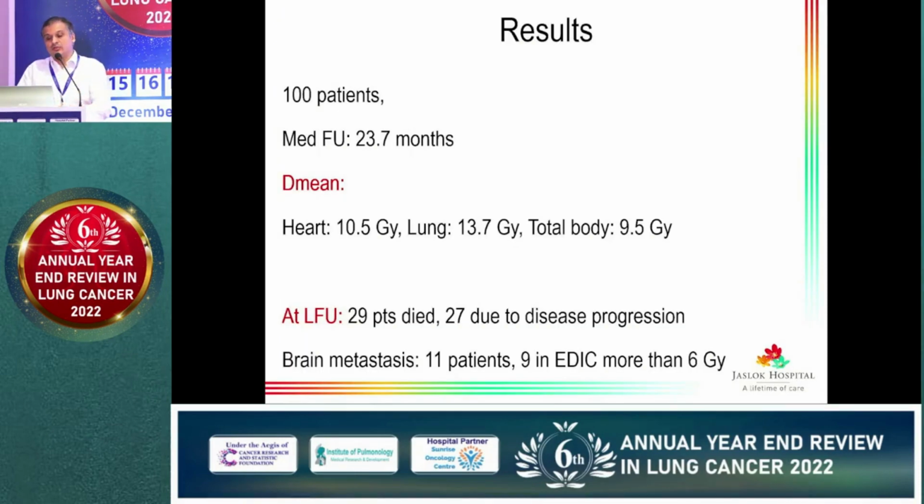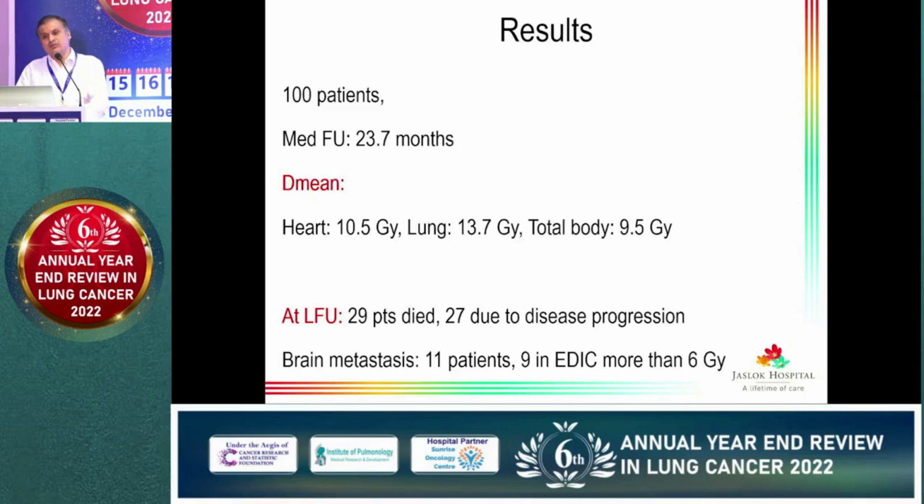So the median follow-up for the group was 23 months. The mean dose to the heart was 10.5 gray, lung was 13.7 gray, and the total body was around 9.5 gray. At last follow-up, 29 patients had died. 27 of these had disease progression, and for 2 patients the cause was not disease progression.